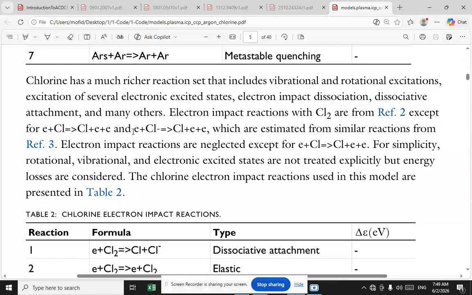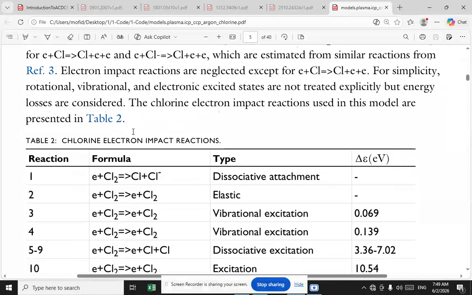Other electron impact reactions are neglected, except for e + Cl → Cl⁺ + 2e, which is included for simplicity. Rotational, vibrational, and electronic excited states are not treated explicitly, but energy losses are considered. The chlorine electron impact reactions used in this model are presented in Table 2.